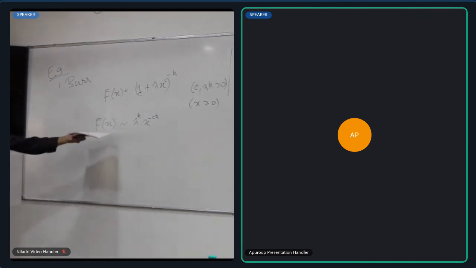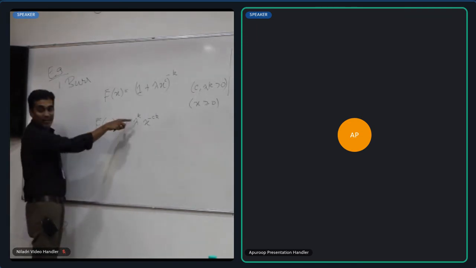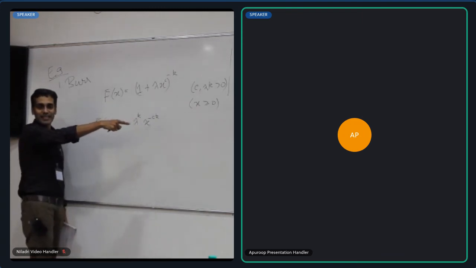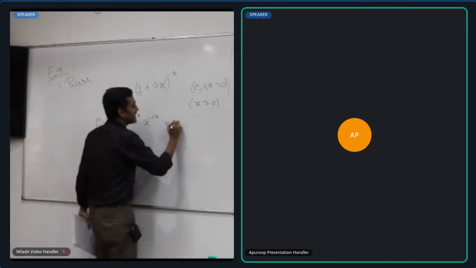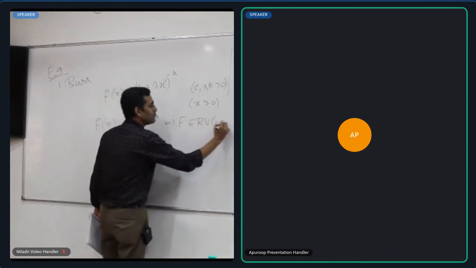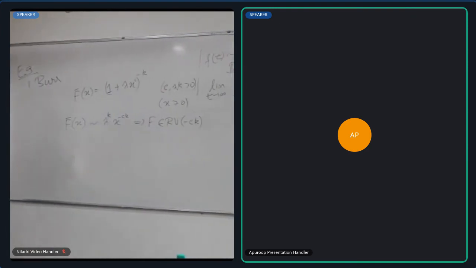Right from here, you can read off that it is regularly varying, because once you have a tilde, you can write it as equality with a slowly varying function converging to 1. So asymptotic equivalence is sufficient. This automatically implies that F is regularly varying with index minus c times k. So the Burr distribution is regularly varying.